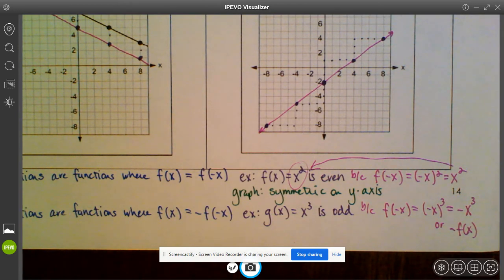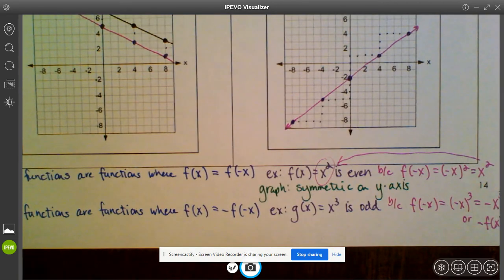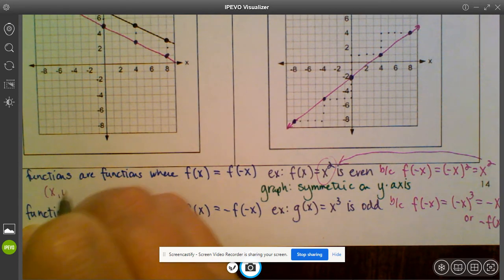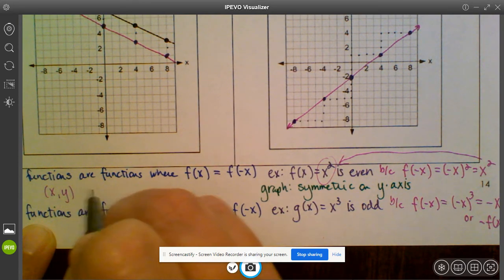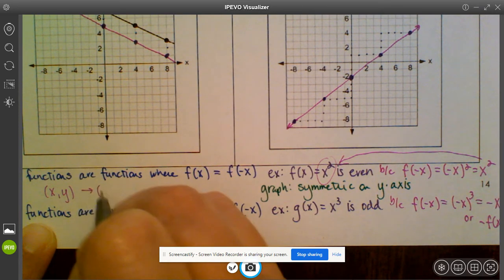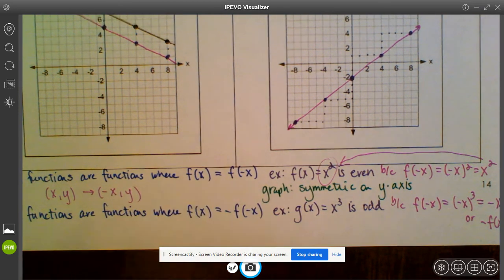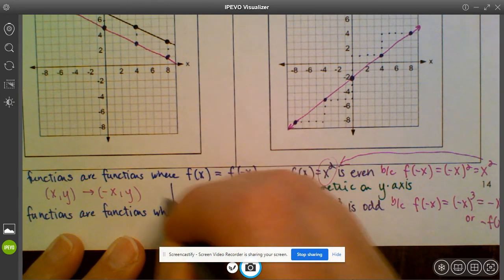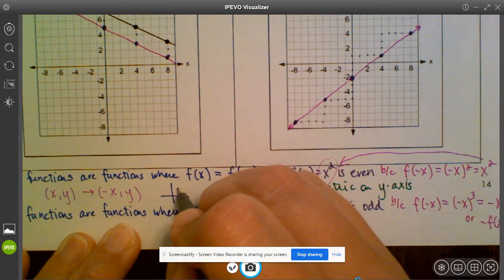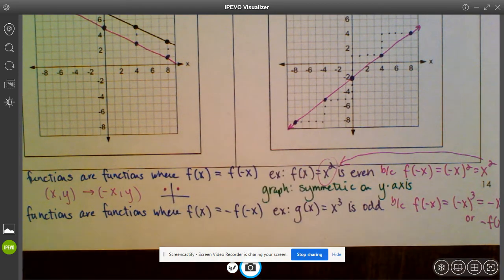But what I want you to know is this, for both of these. When we're dealing with even functions, if I have xy, I can match that to negative xy. So I've got xy and I've got negative xy.